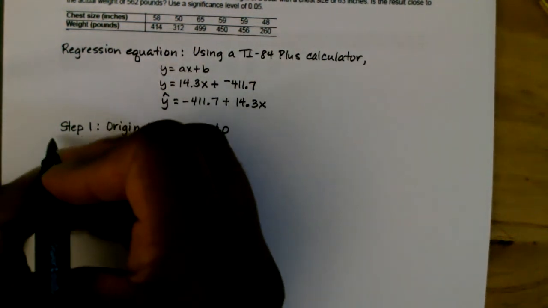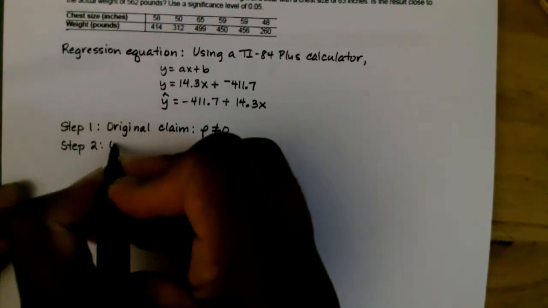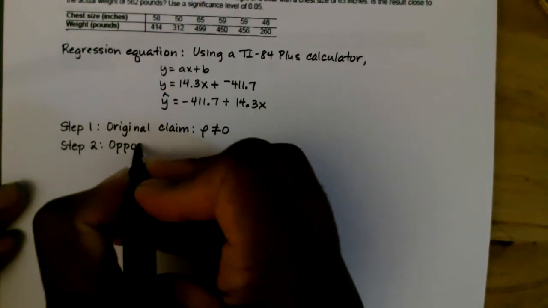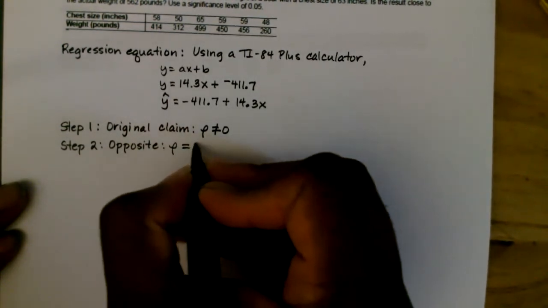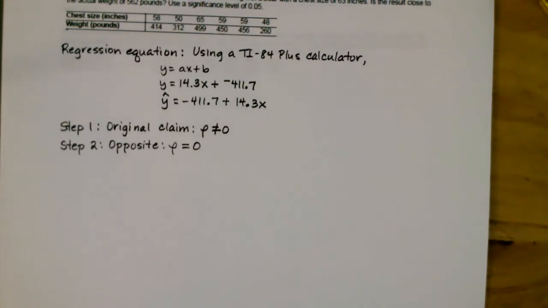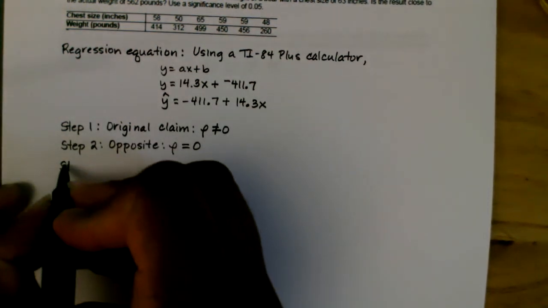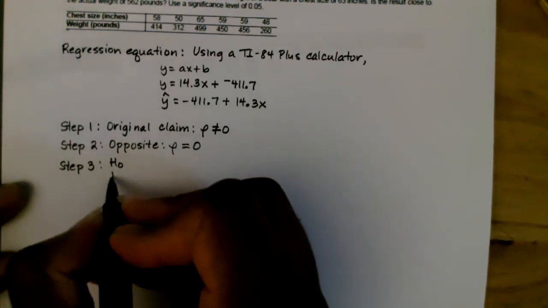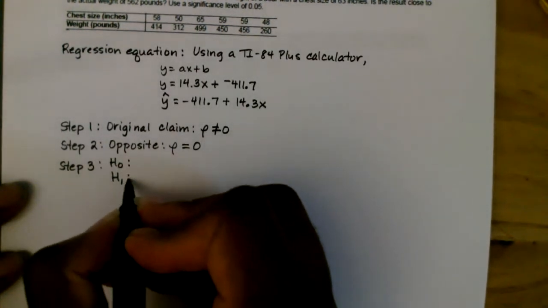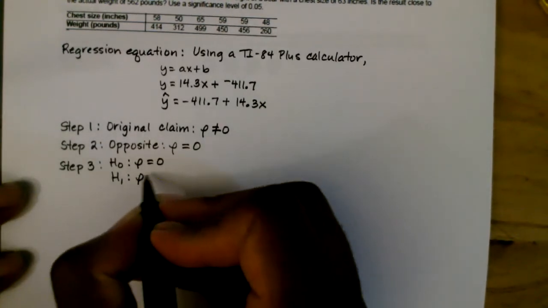Step number two is the opposite of the original claim. That means rho is equal to 0, meaning that there is no linear correlation between the two. Step number three is writing out the null and alternative hypotheses.